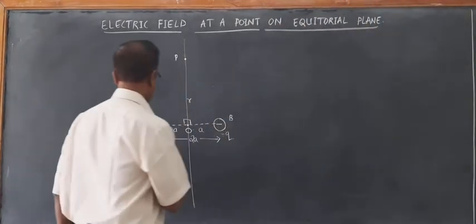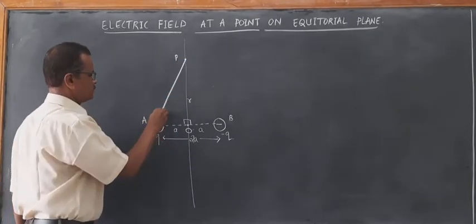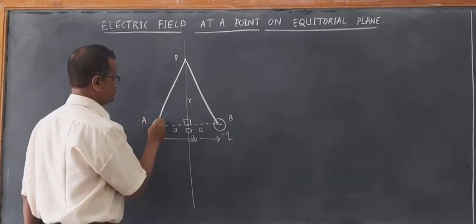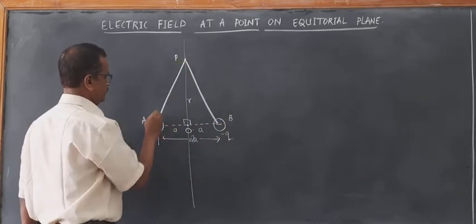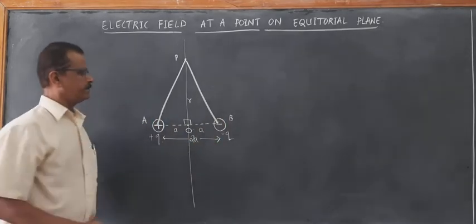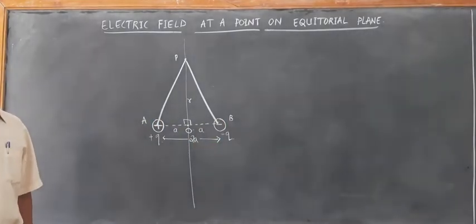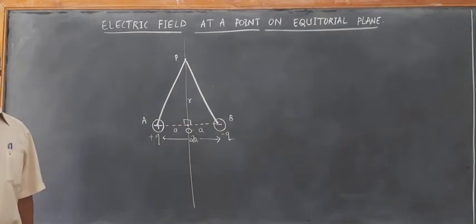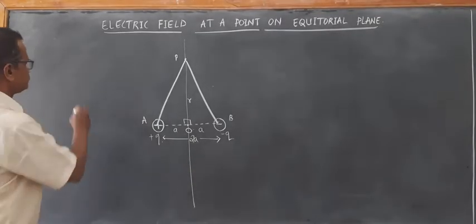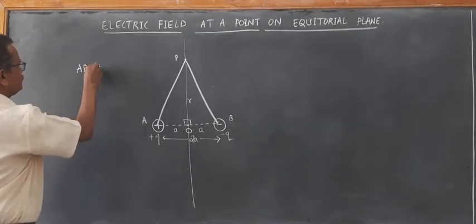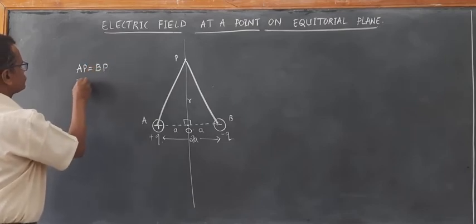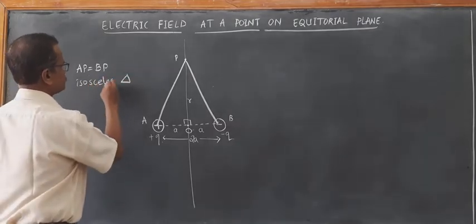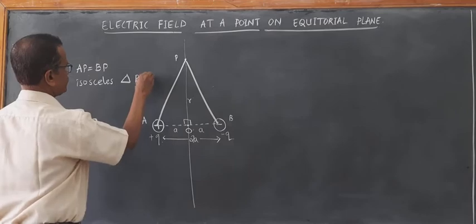We draw straight lines AP and BP, and now we can see the triangle PAB. The triangle PAB is an isosceles triangle where AP and BP are the equal sides. AP is equal to BP. Isosceles triangle PAB, right?